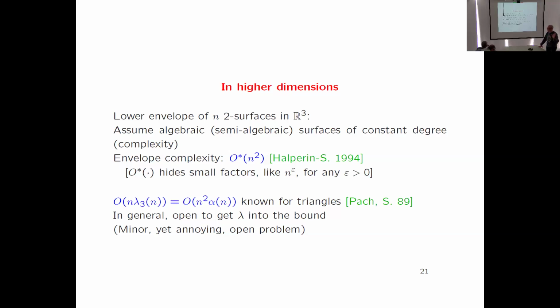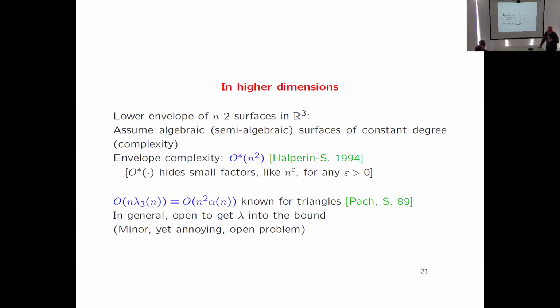So that was proved with Dani, but there are very few cases where we can really prove a bound that involves the inverse Ackermann factors. For triangles, it is known, but in general, it is open.